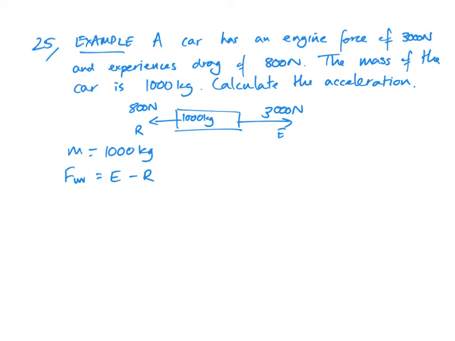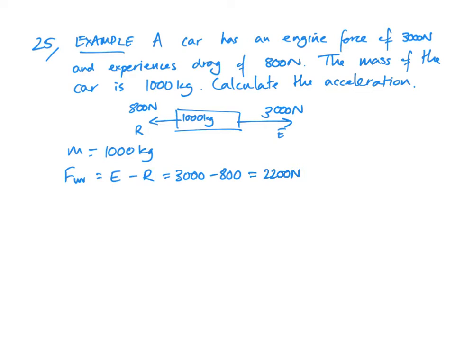So I'm calling the engine forces a positive direction, the drag forces, the resistive forces, as negative. So in terms of numbers, that's quite straightforward. But that's the only difference really between these examples and the ones that you were doing yesterday.